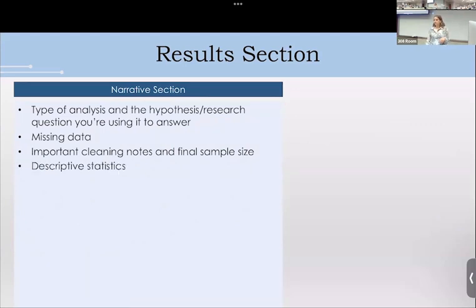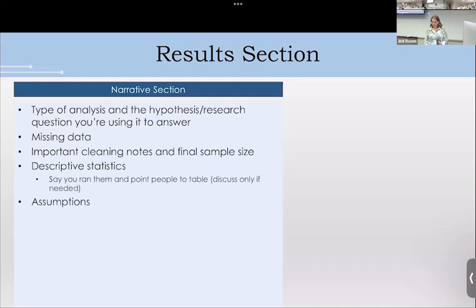Descriptive stats: when you have tables and figures, you don't need to say all the descriptive stats. You can say table 1 contains descriptive statistics and correlations. That's fine. You only need to talk about them if there's something of note. Say you ran them and point people to the table.